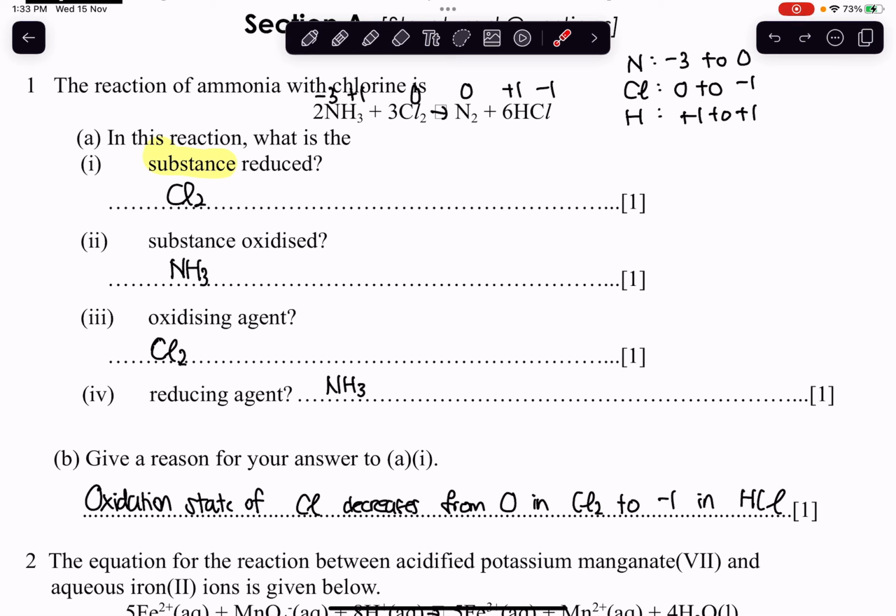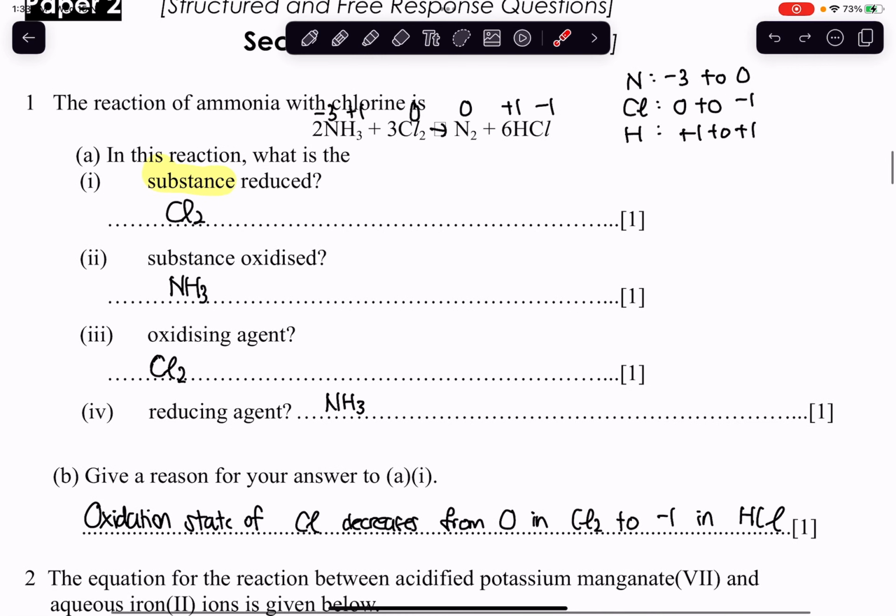Can you say that chlorine gains hydrogen? Possible, because Cl2 gains H to become HCl, but because you look at the number of atoms, 2 chlorine atoms become 1 chlorine atom. It's not very obvious.